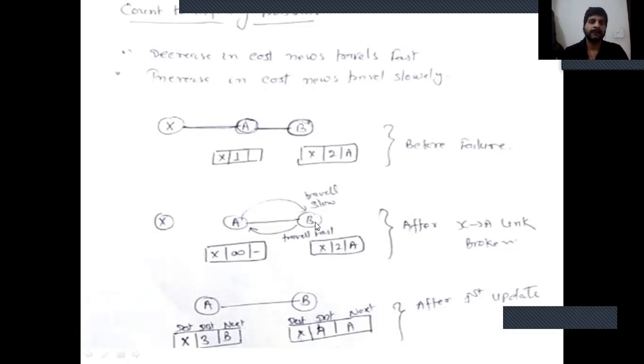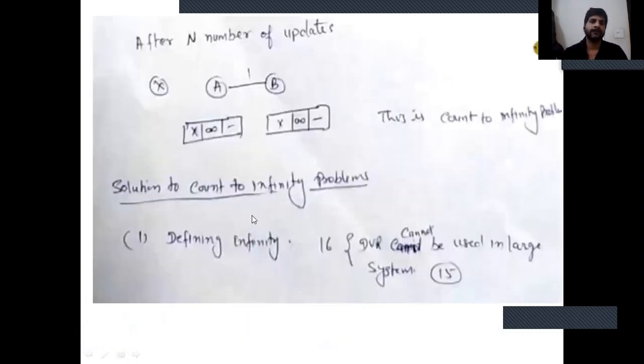So B forwards to A, and the destination cost of A equal to X via B is 3. Next, A forwards the message to B and the value of B is increased by 1, cost 3 plus 1 equal to 4 is updated. Now next 4, and A continues the process. This process is known as the count to infinity process. After n number of updates, A value for X is infinity, B value for X is infinity. This is the count to infinity problem.